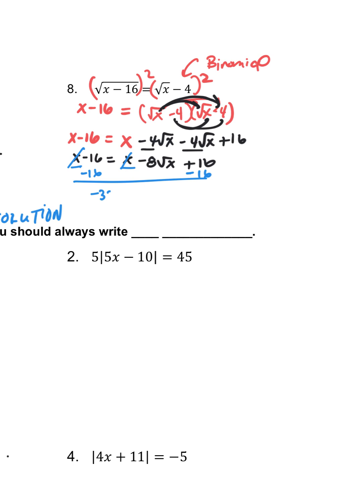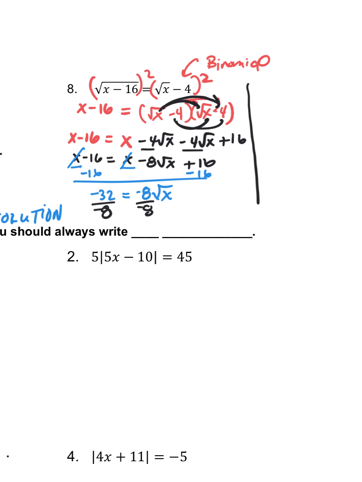So I get a negative 32 equals negative 8 times the square root of x. So isolate the radical now, because we have to do the whole process again, because we're left with the radical after we did that first part. Again, I have to isolate the radical again.